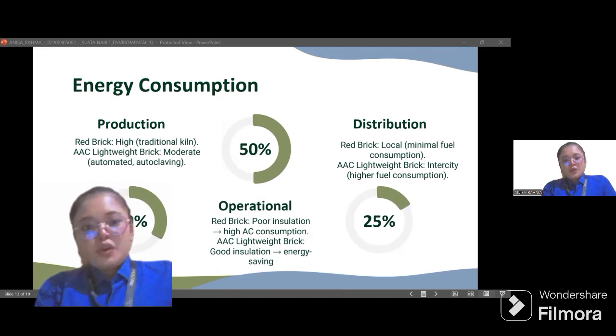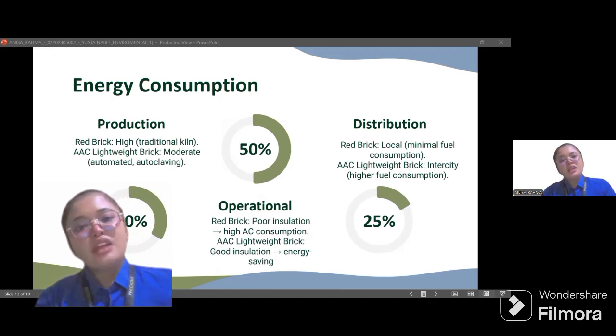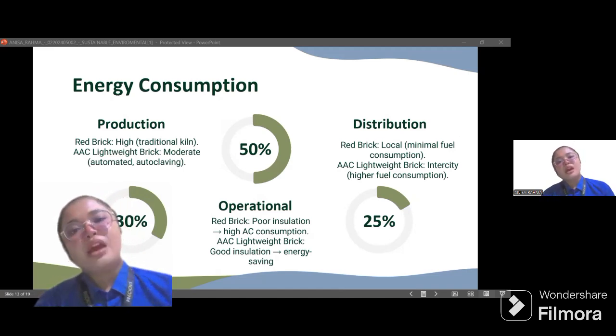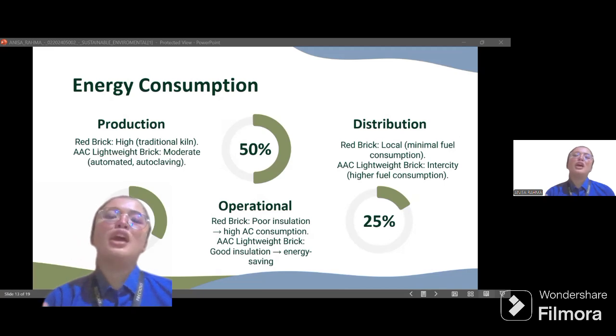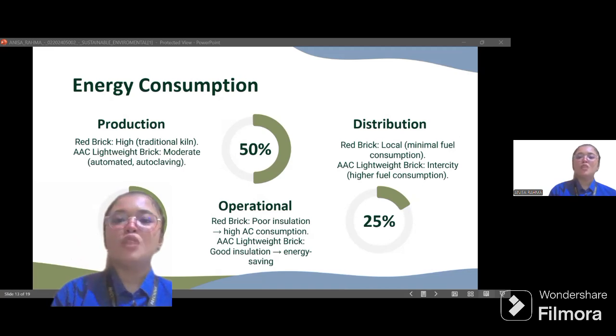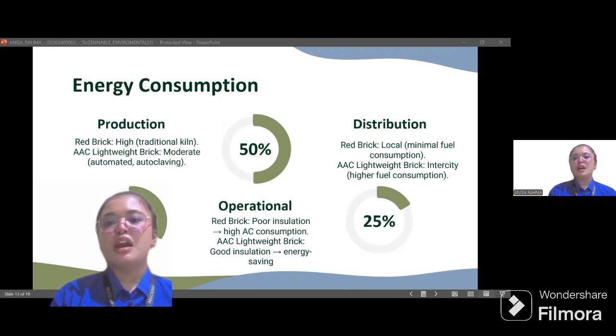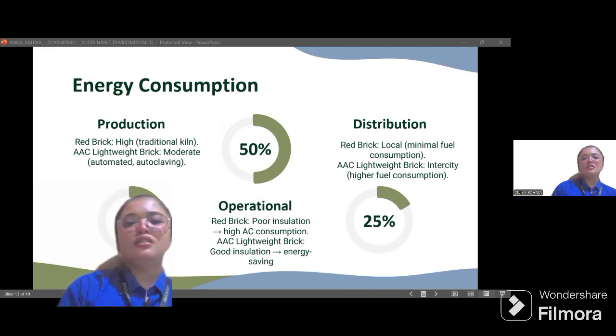The next part is operational. For red bricks, one of the major drawbacks is the poor thermal insulation. Walls made from red brick don't have good insulation properties, meaning buildings constructed with this material are more susceptible to external temperature variation.